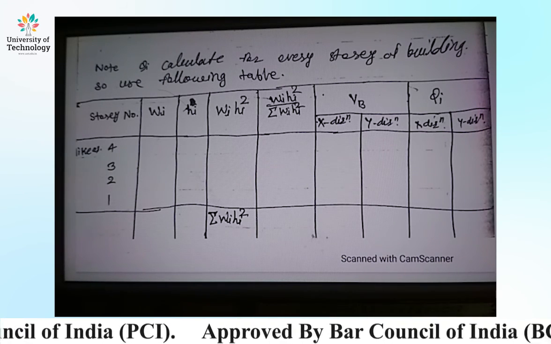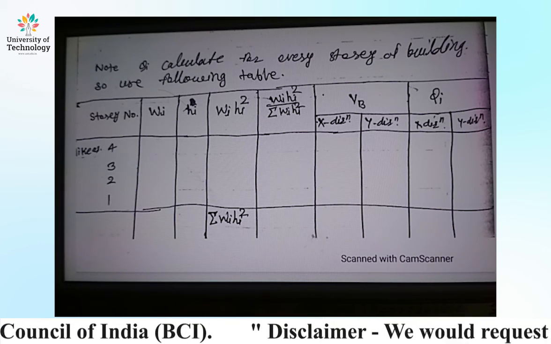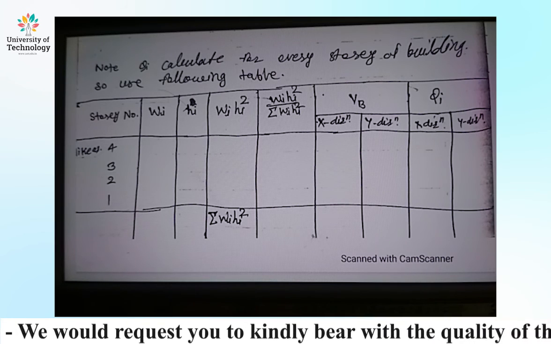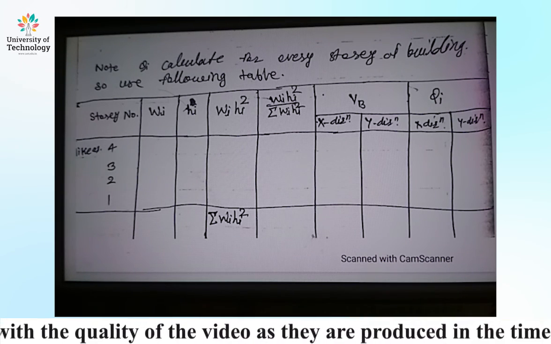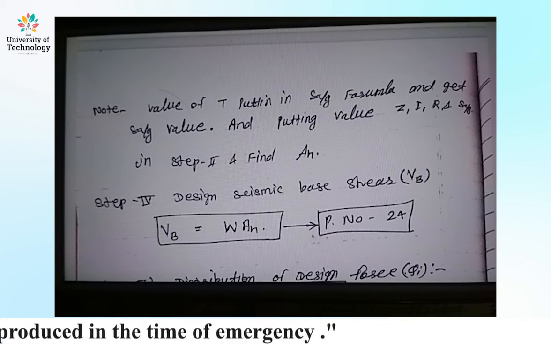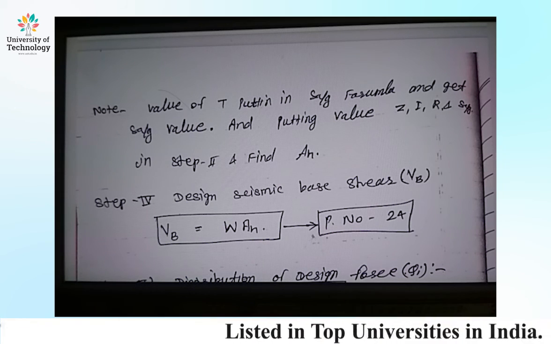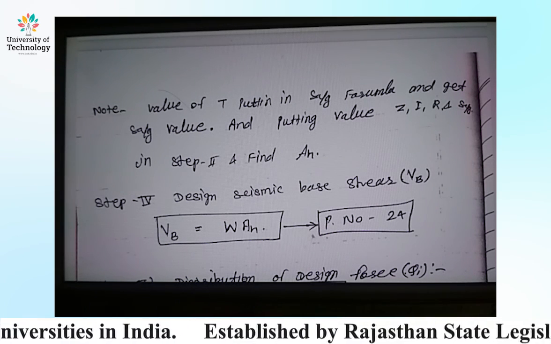There is nothing difficult in this question: Wi is given in the question, hi is given in the question, Wi hi square we can easily calculate, and VB, base shear, we can easily calculate by the formula VB equals W AH. And how can we calculate AH?